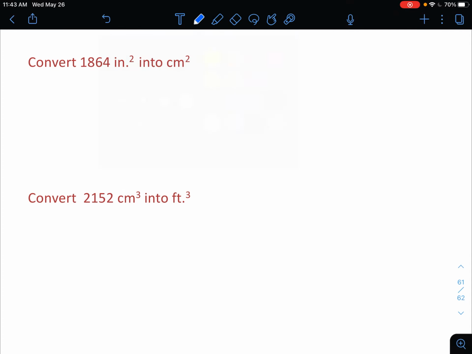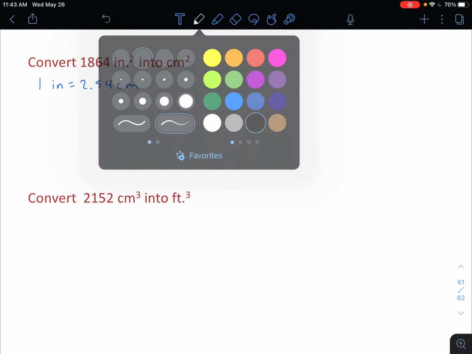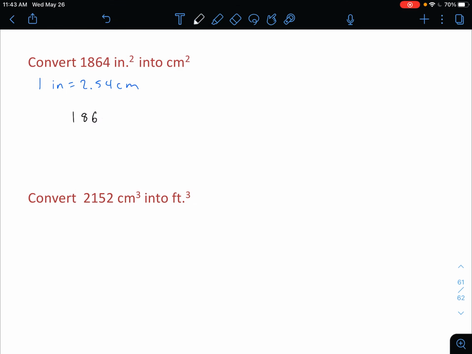Okay, so inches squared to centimeters squared. All I need is 1 inch equals 2.54 centimeters. To set this one up, 1864 inches squared will be times 2.54 centimeters per 1 inch.